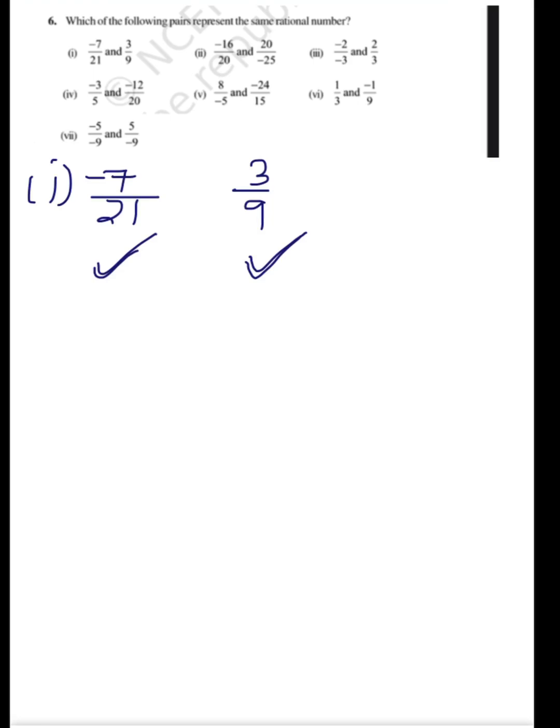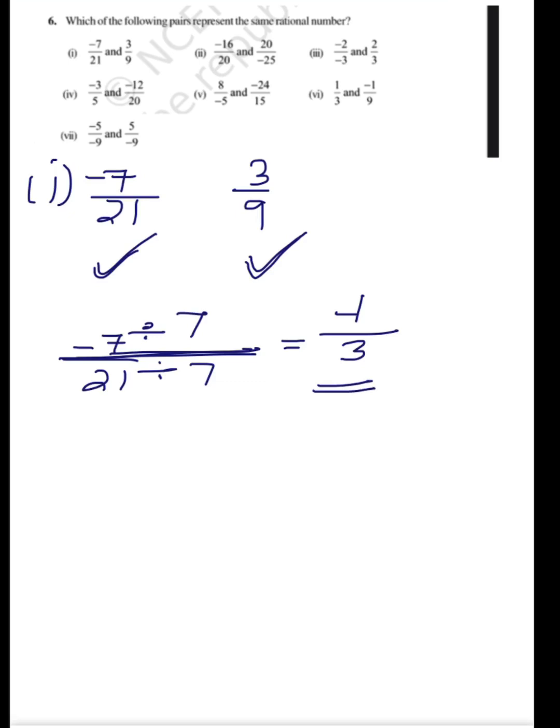So minus 7 by 21 means what? If you are dividing both with their highest common factor, suppose I am dividing both with 7, then what will you get here? Here you will get minus 1 and here you will get 3, minus 1 by 3.